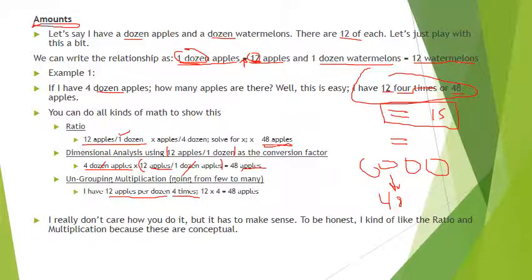All right. Now, like I said, I don't really care which method you use. To be honest, I like the ratio and the ungrouping, but I use dimensional analysis as well. If I just want to get the answer and not worry about thinking about it, I will often use dimensional analysis.